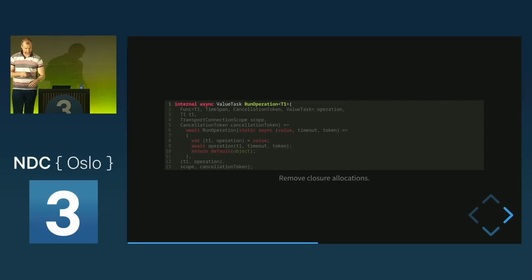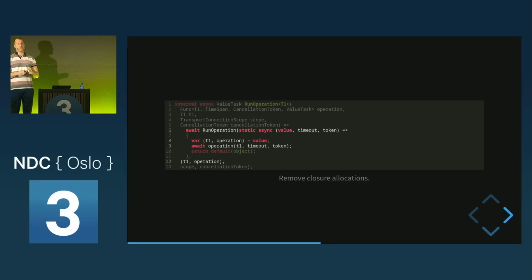I'm going to talk a little bit more about this. Then we have the function delegate that returns a ValueTask, accesses the state, and we pass in the state from the outside. And now we can leverage C# 9, which has this nifty language feature called static lambdas. So we can call the RunOperation method, and we pass in a lambda, and we attribute it with static async.